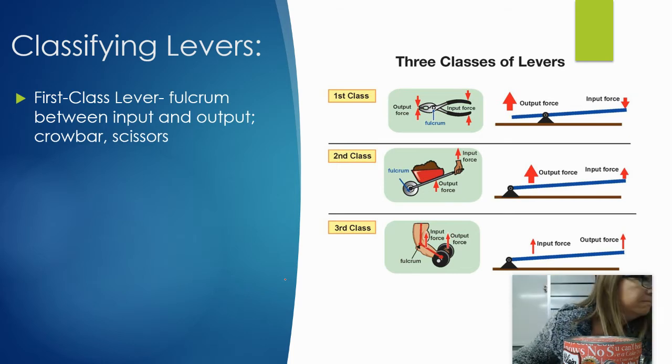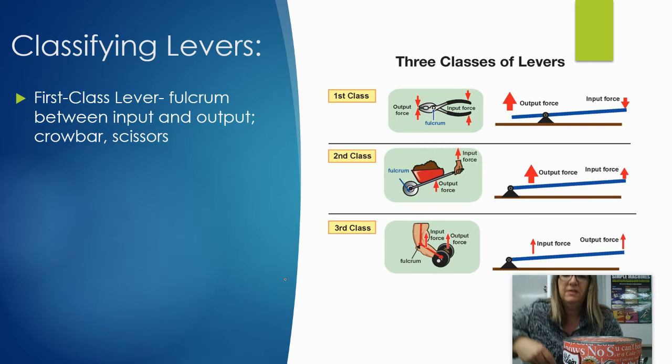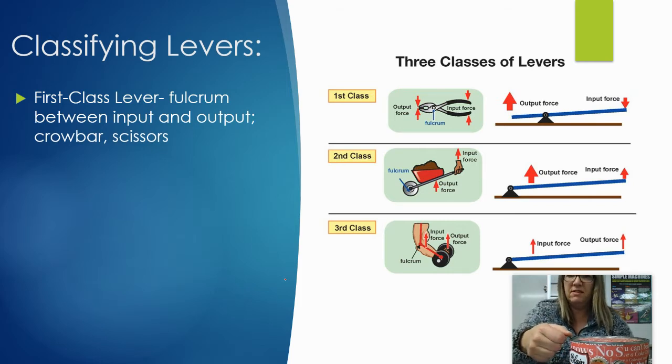So if I try to open this paint can with a penny, which is very short, a very small moment arm, it's going to be much more difficult than using a screwdriver. Okay, so it's still going to act as a lever. It's still going to have the fulcrum as the edge of the can. But I try to open it, I can't do it. It's actually starting to bend my penny.